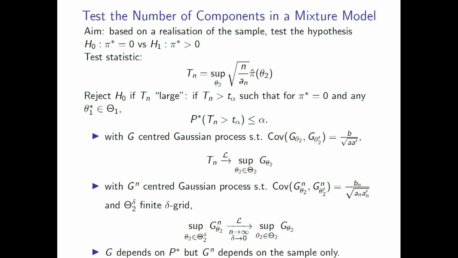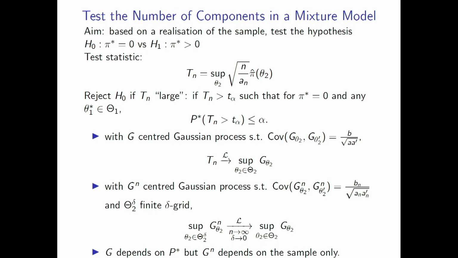But there is another result: if you consider the Gaussian process with this covariance structure, which does not depend on p star and depends only on the sample, so we can compute that. And if you look for the supremum of this Gaussian process on a finite grid, which is easier, then as this grid gets finer and finer, and as n goes to infinity, the distribution of this supremum converges to the distribution of the supremum we are interested in.